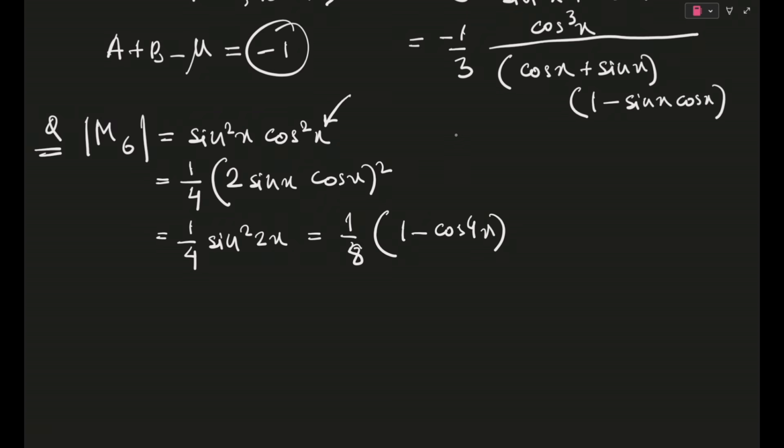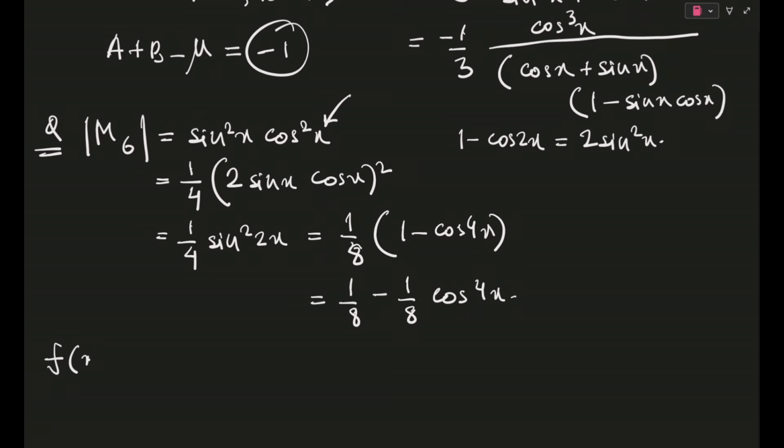I hope everyone knows this: 1 minus cos 2x is 2 sine square x. So this becomes 1 by 8 minus 1 by 8 cos 4x. And now if we plug this into our function f of x, then f of x was mod of minus 1 by 8 plus 1 by 8 minus 1 by 8 cos 4x. So this gets cancelled.